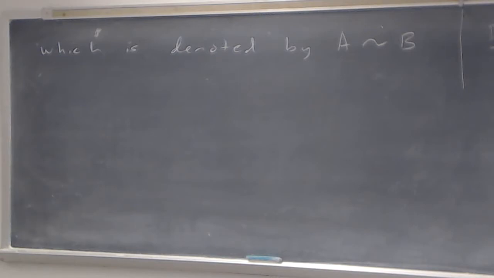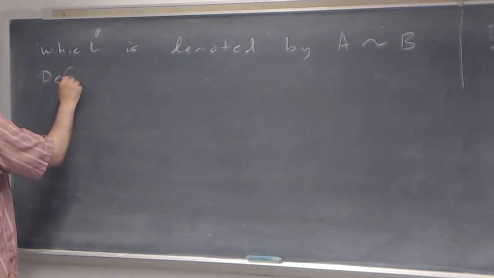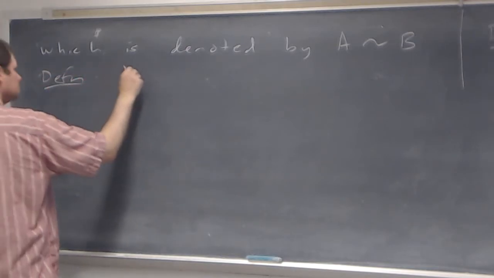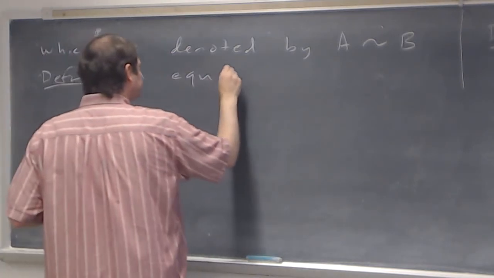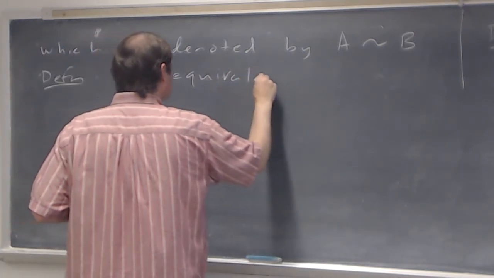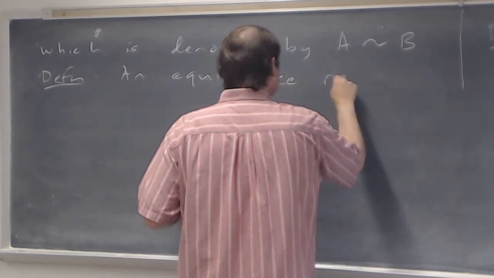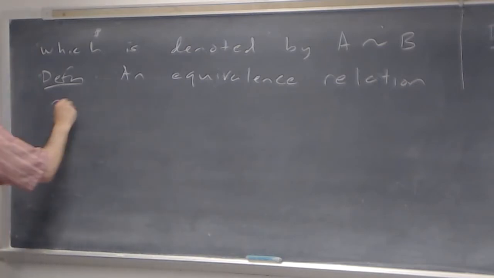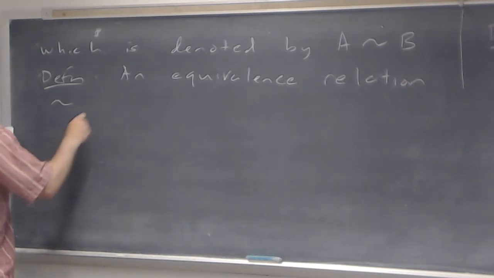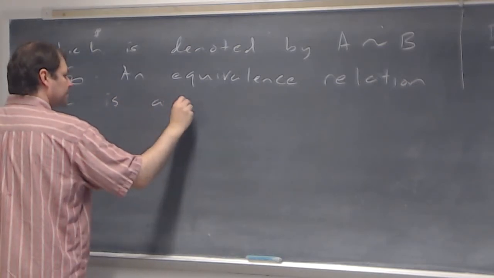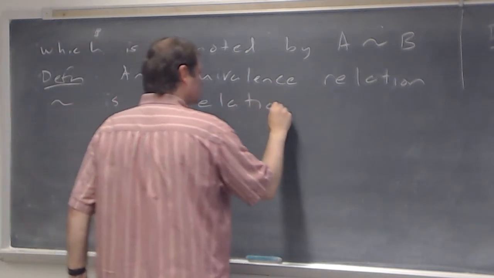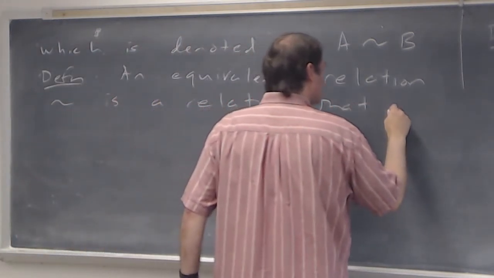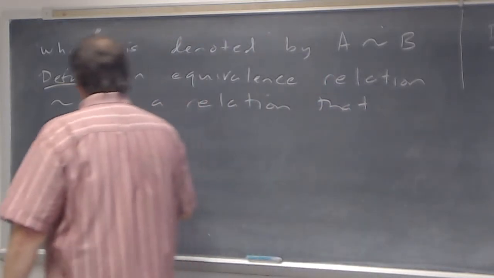Okay, well, there's another phrase that has equivalence in it. It's called equivalence relations. I want to talk about that. Definition. An equivalence relation, sometimes denoted with this tilde, is a relation that satisfies three things.